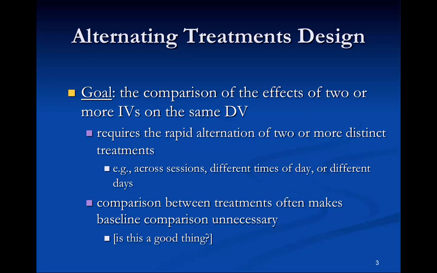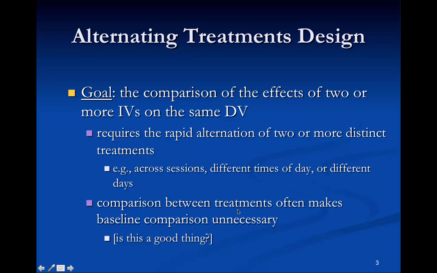You might go from an escape condition to a control condition to another escape to an attention condition to two alone conditions back to an escape condition. So you're going back and forth, and you conduct those sessions one after the other, and in a particular day you can do as many as the individual can tolerate and you can tolerate.